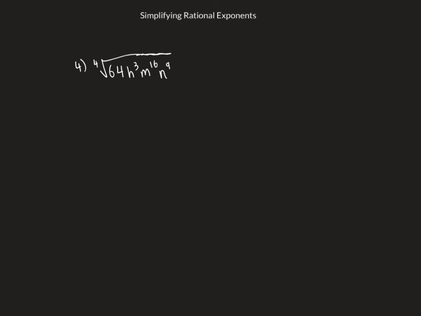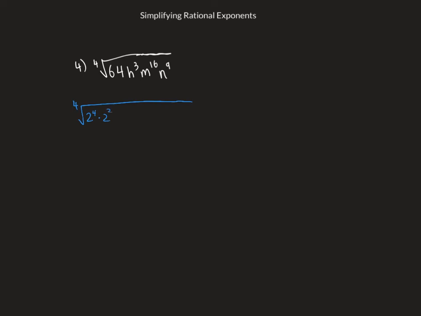Now what we would do here is we would first expand this root. So you'd expand it. So this would become 4 root. So 64 is just 2 to the power of 4 times 2 to the power of 2.